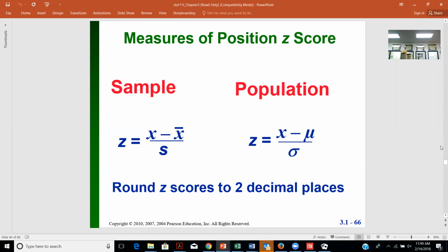So in the case of, let's just take a look at one bit of data from the study of the number of words men speak. Go to that appendix.